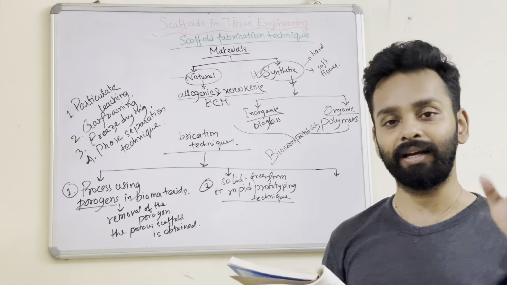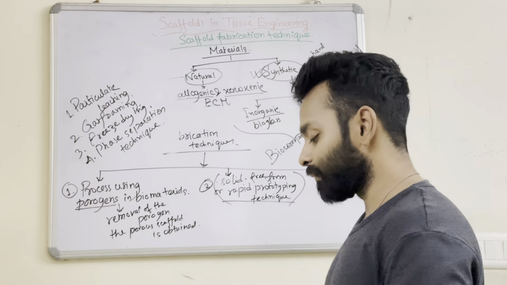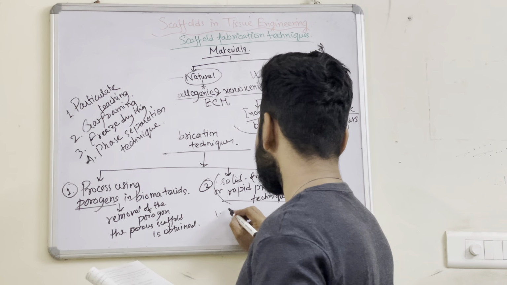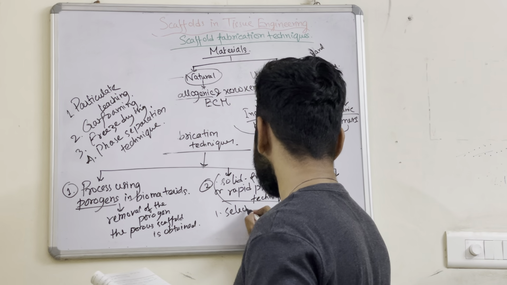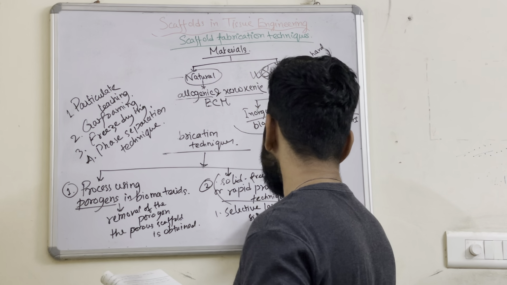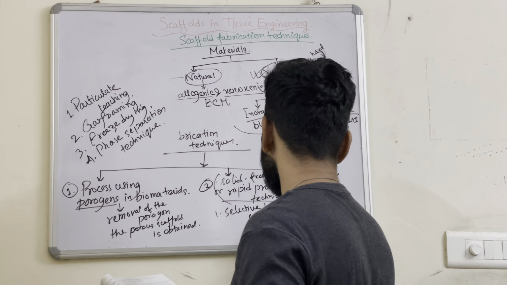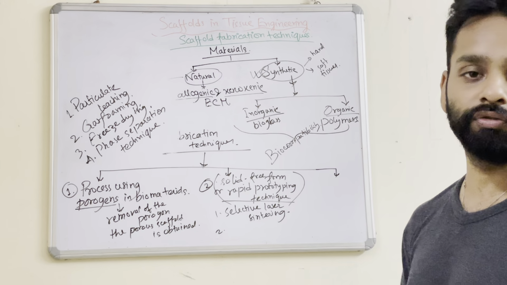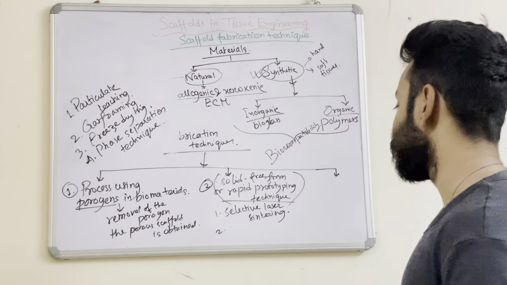So this method can be better understood through examples which include selective laser sintering, then the stereolithographic methods, which are being recently used for fabricating different types of scaffold based materials.